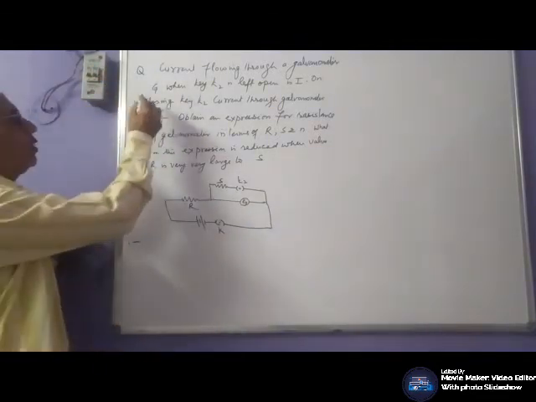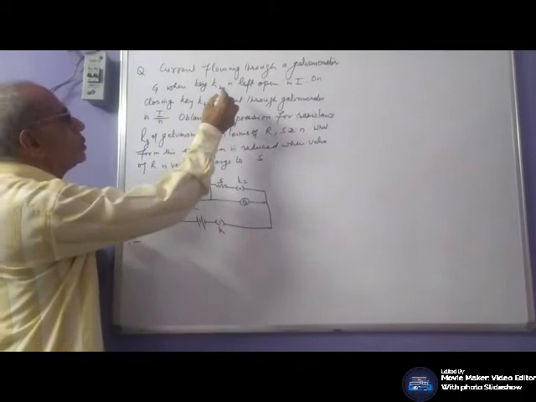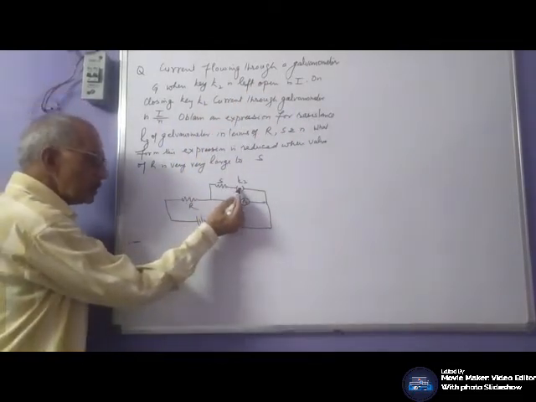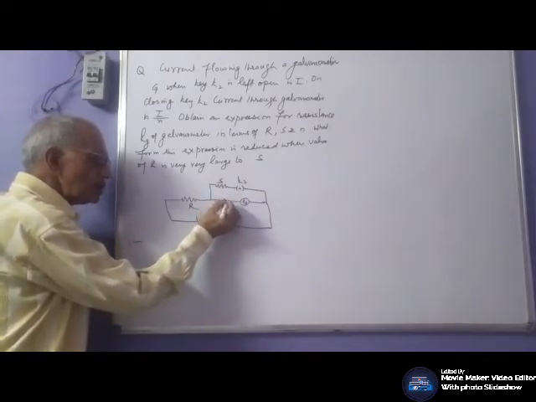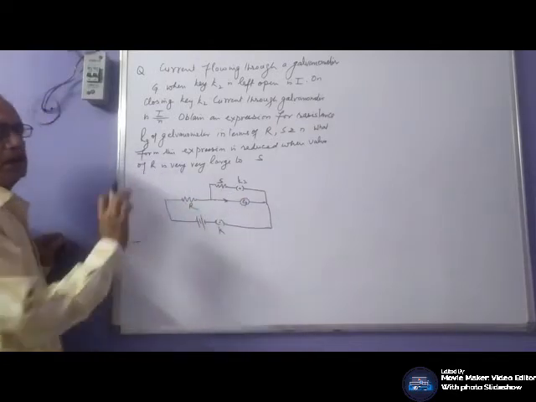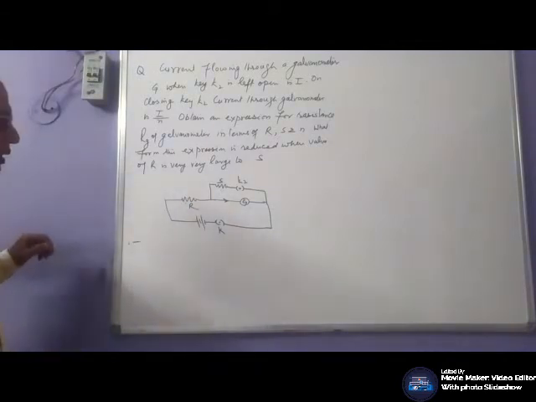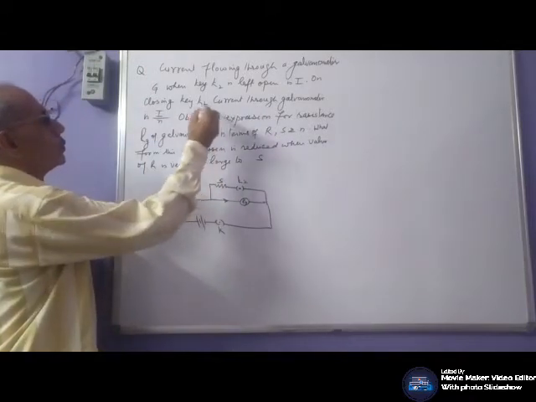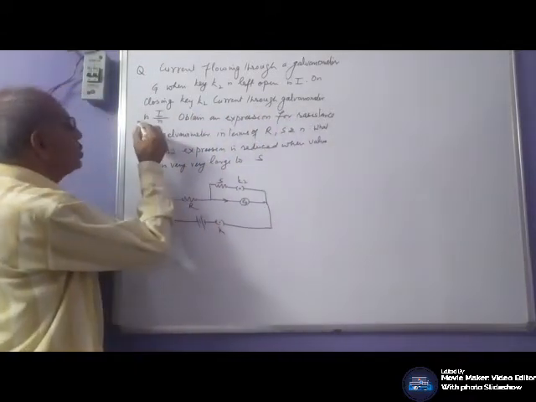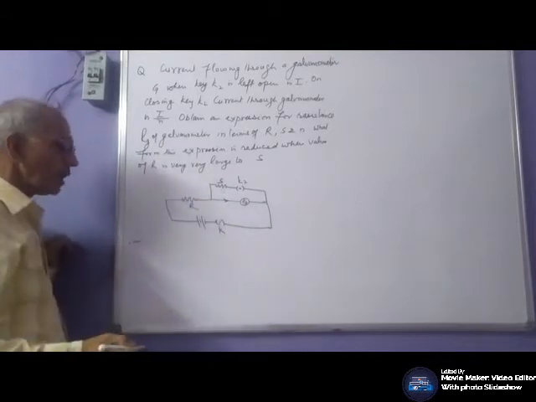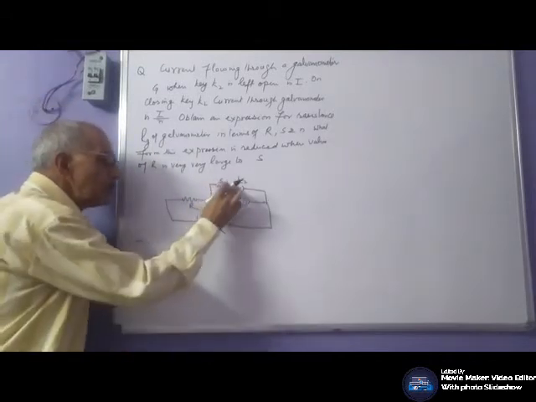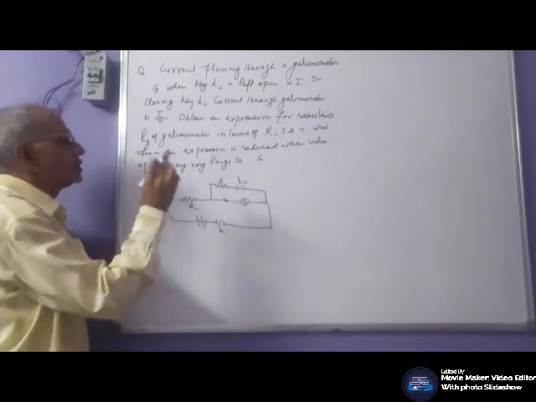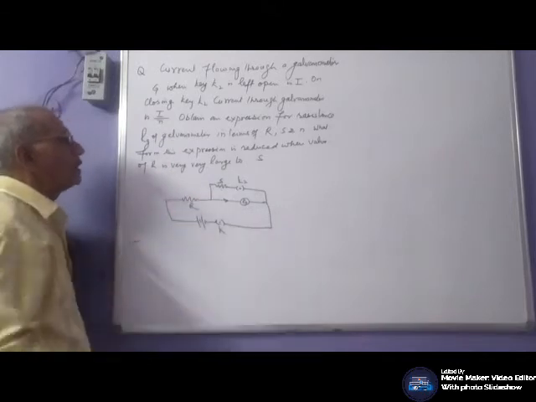The current flowing through the galvanometer when key K2 is left open is I. This key is not inserted, then the current through this galvanometer is I. If this is inserted, the current through the galvanometer is I by n.